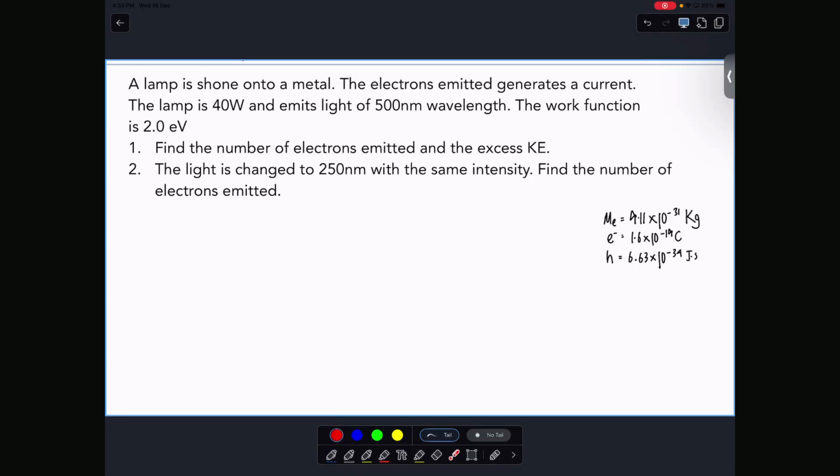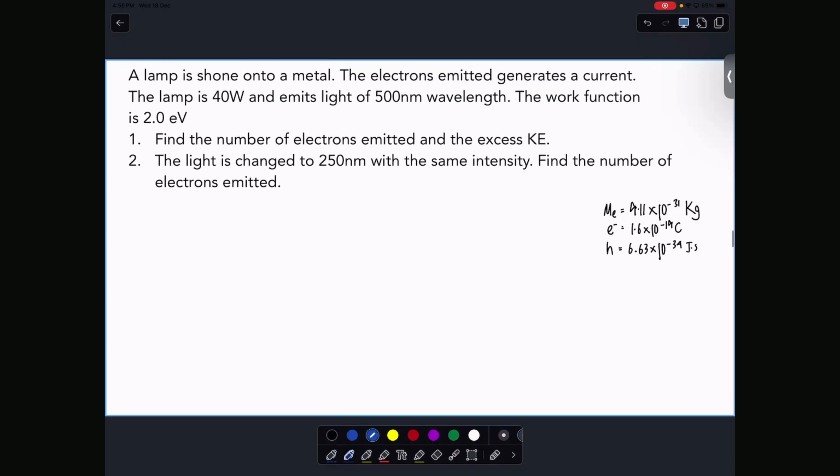Okay, so find the number of electrons emitted. What is the number of electrons emitted? How do you find it? Using power. How much do you get?